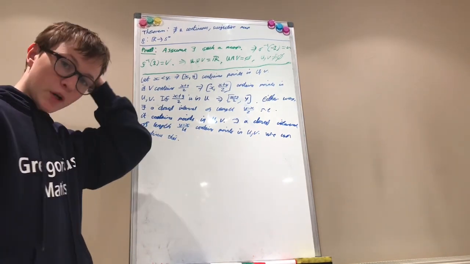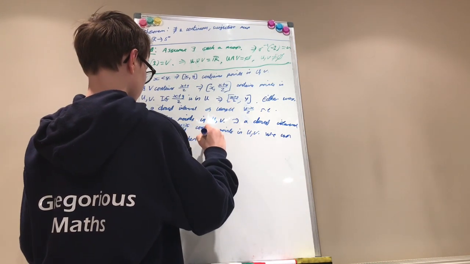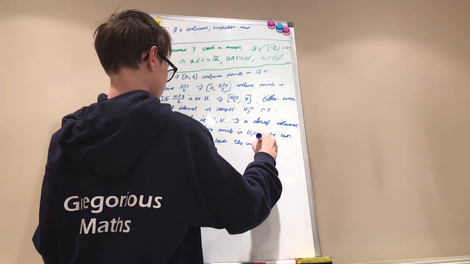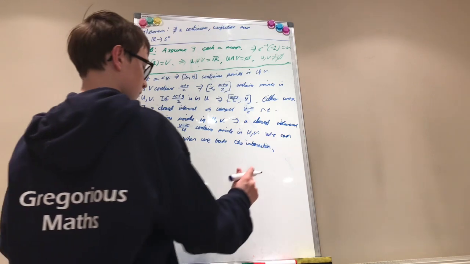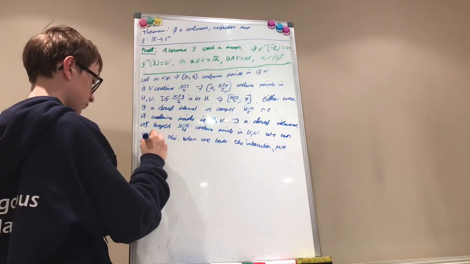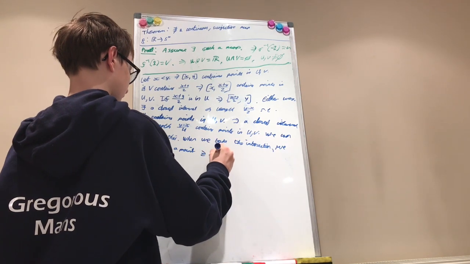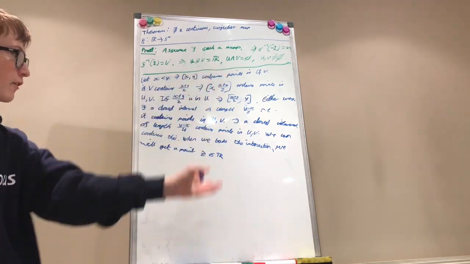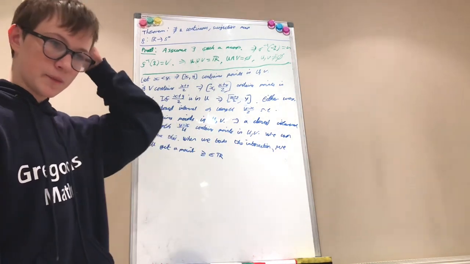But when we take the intersection of all of these closed intervals, as we carry on this process of halving the length, we get a single point z in the real numbers.